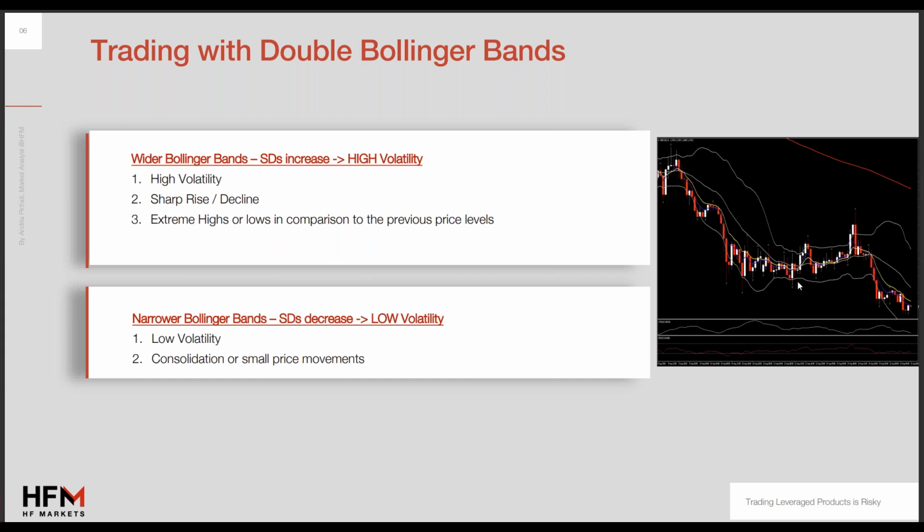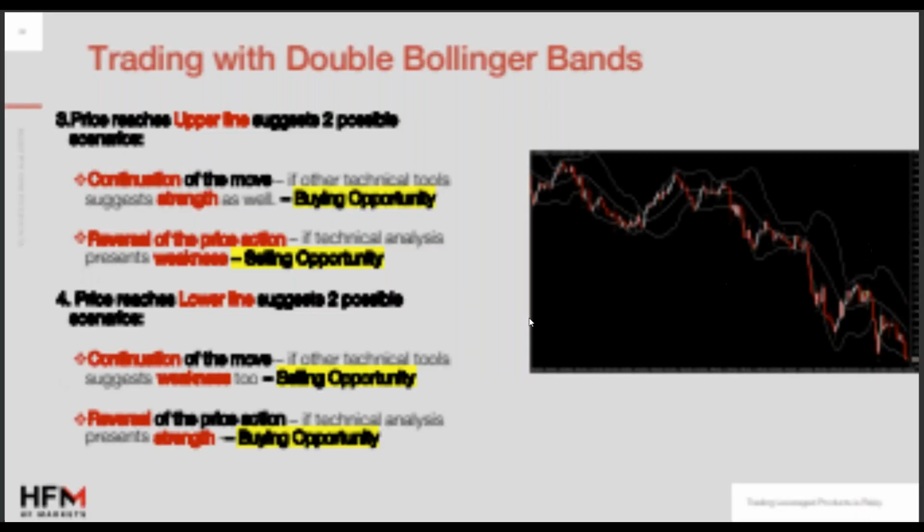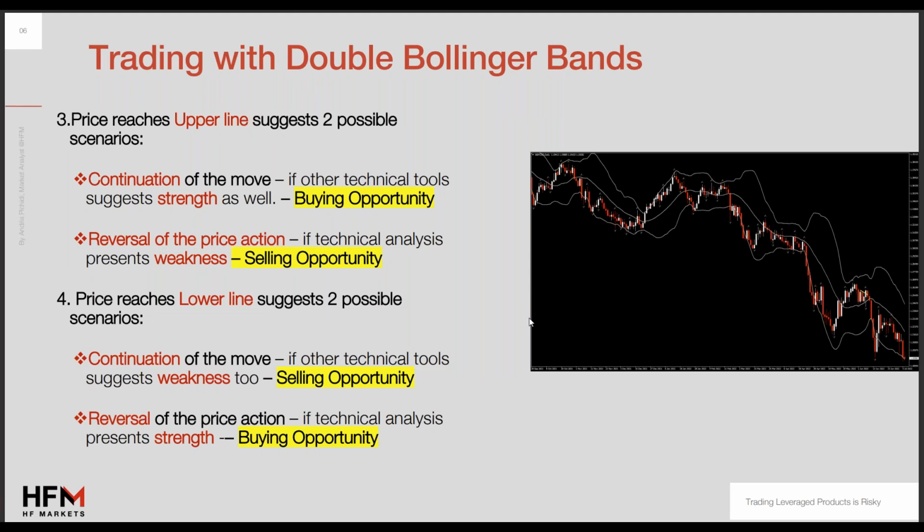Now the narrow, so if they are very close to each other, that's low volatility. It's not wise to trade it. It's sideways. It's just bouncing within a particular range for a while. So it's consolidation. Now, remember that the upper line acts as a resistance line, okay?